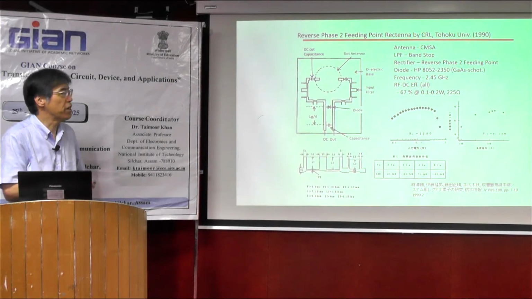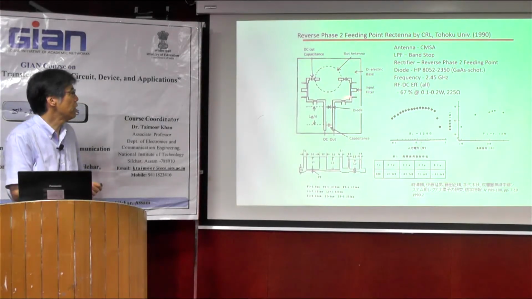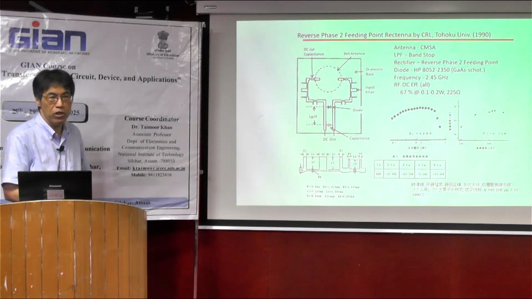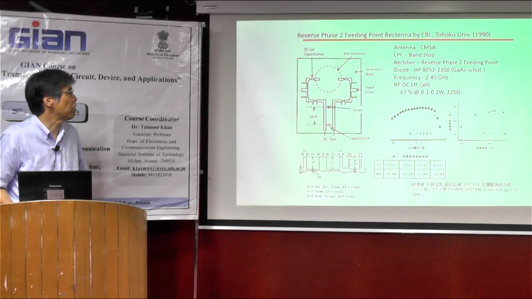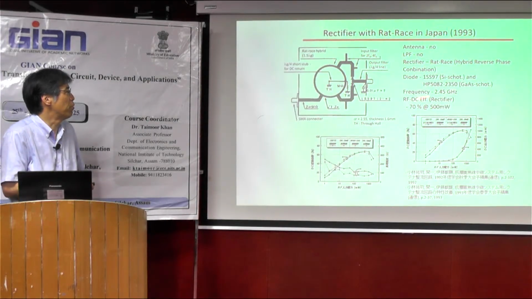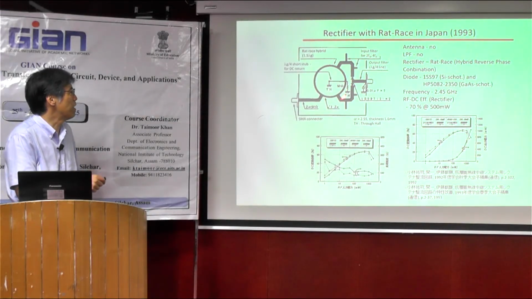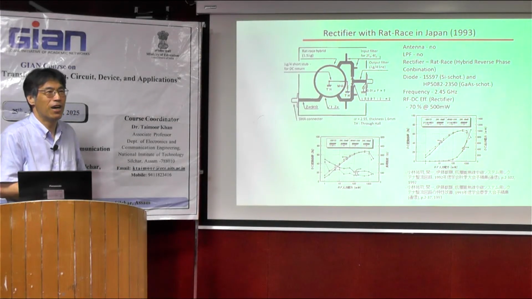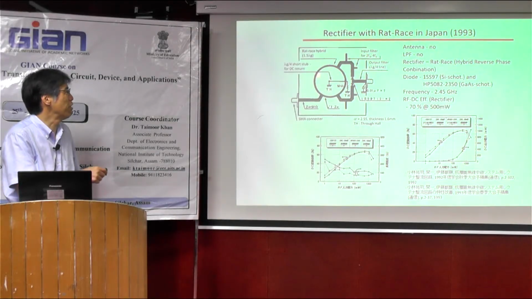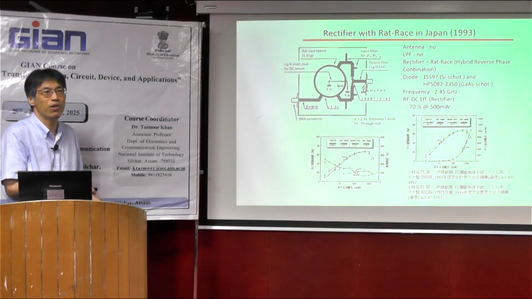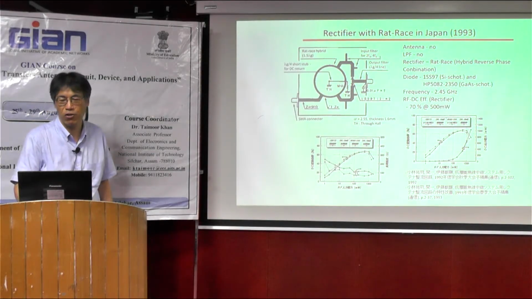And this is a very old rectifier. And they use the antenna itself as a differential operation. And another Japanese professor, 3 years later, proposed a rat-race circuit to create 0 and 180 degree difference, and they add again here, and this is the same differential operation.